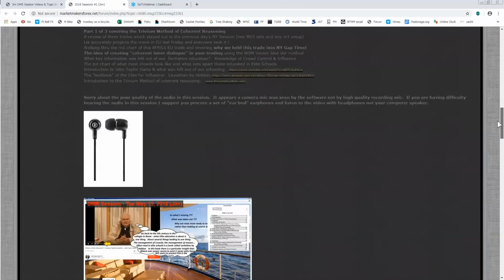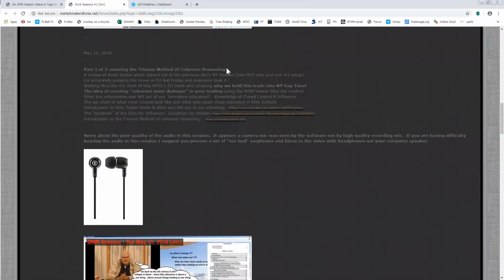You're looking at the beginning of this 3-part session here, which is part 1 of 3 parts covering the trivium method of coherent reasoning. And this is the gap in our education at this time on this planet in a gigantic way. I mean, the elite boarding schools still have this stuff in it, right? So you're not completely devoid of this information when it comes to our population, but essentially most of us did not go to elite boarding schools, right?